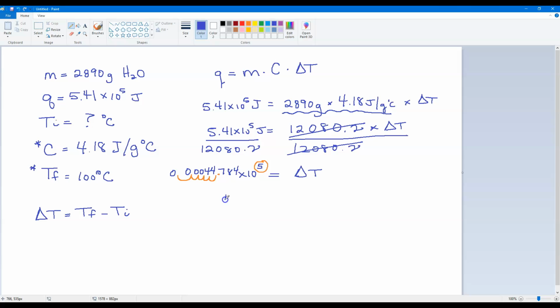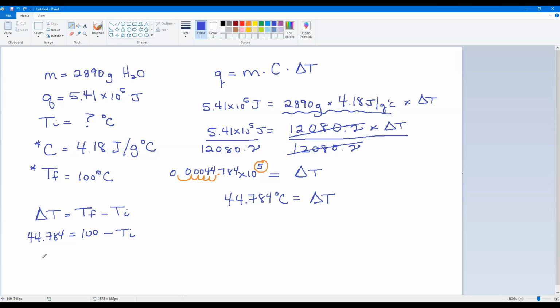My answer for the change in temperature is 44.784 degrees Celsius. Now that I have my change in temperature, I can put it over here to solve for Ti. I have 44.784 degrees Celsius is equal to my final, which is 100 degrees Celsius, minus Ti.